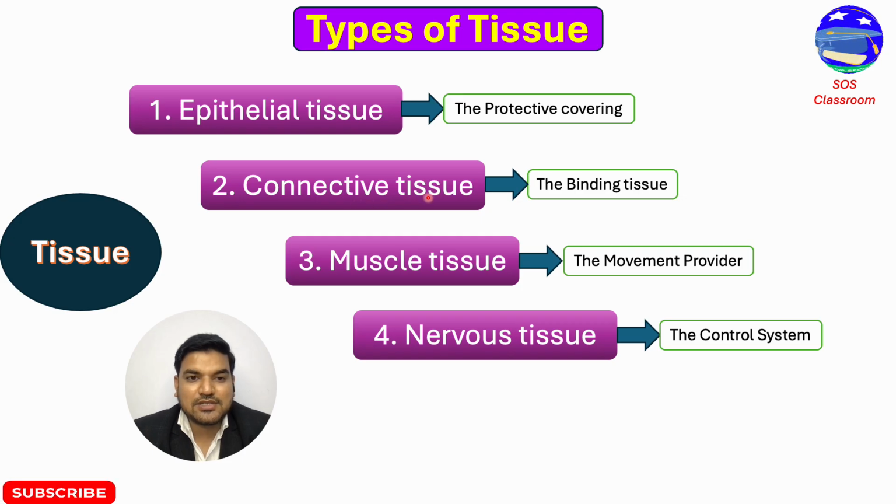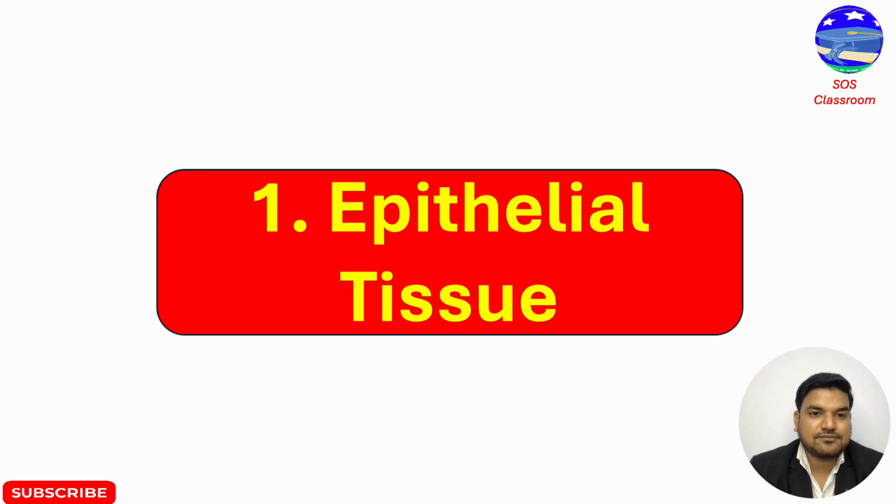Connective tissue, by the name itself, we can understand that it is helpful for binding different types of tissue. Muscle tissue is helpful for movement of the body with the attachment of different bones. And nervous tissue is helpful for the control system of the whole body. First of all, we'll discuss the epithelial tissue.